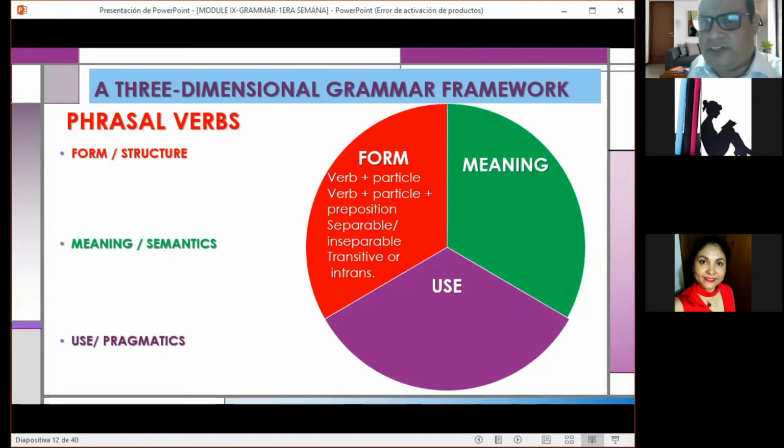Can you remember these terms? Transitive and intransitive verbs? I don't know if it's the same in Spanish. Transitive is when you have an object. Exactly, yes.